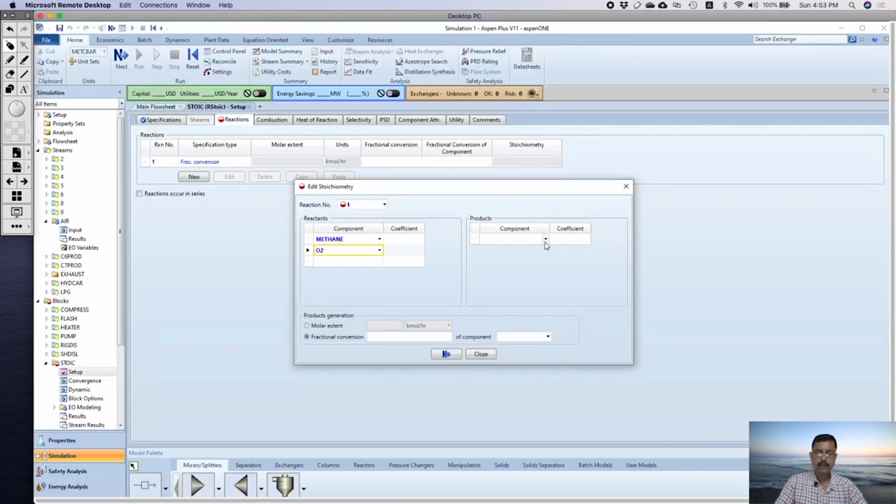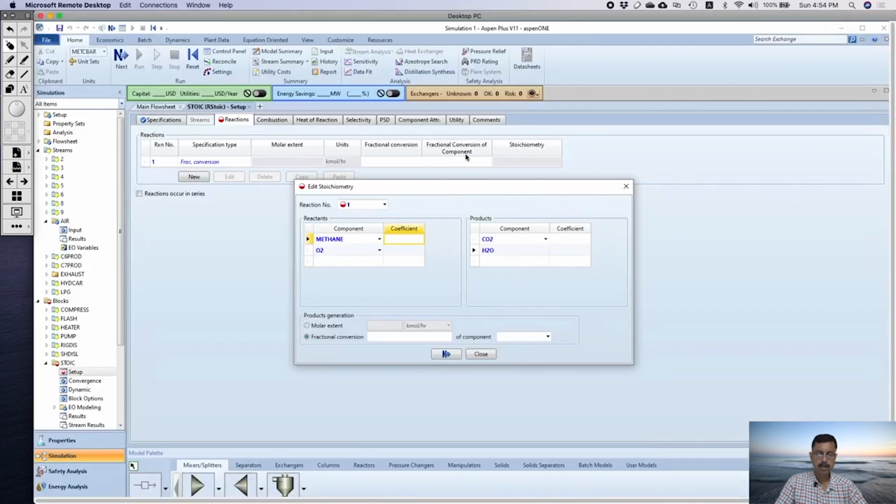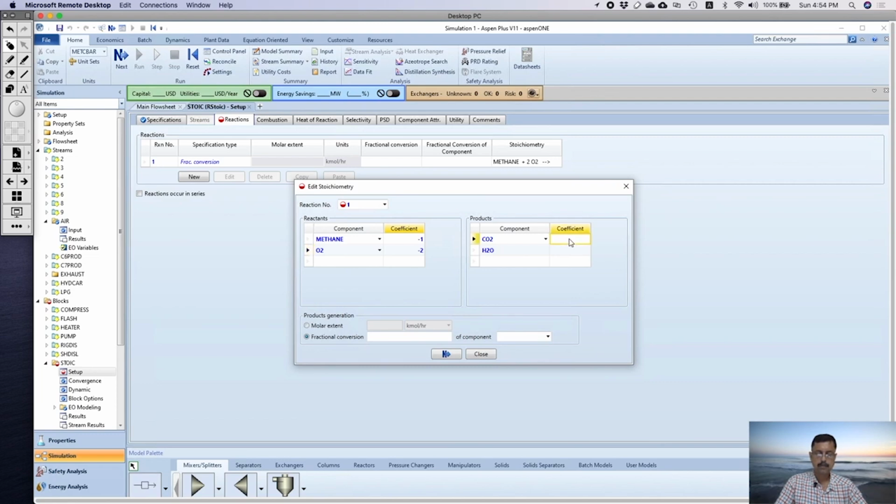So this is carbon dioxide and water. Now coefficient, 1 mole of methane reacts with 2 moles of oxygen to produce 1 mole carbon dioxide and 2 mole water. Right?